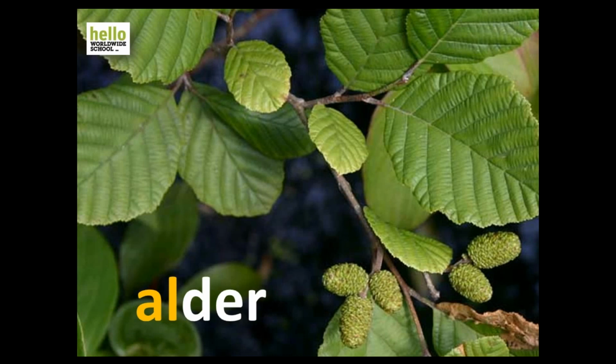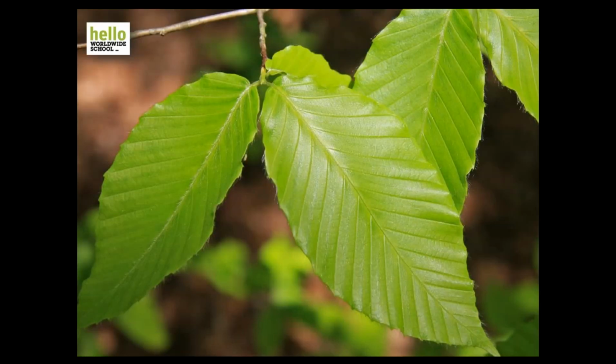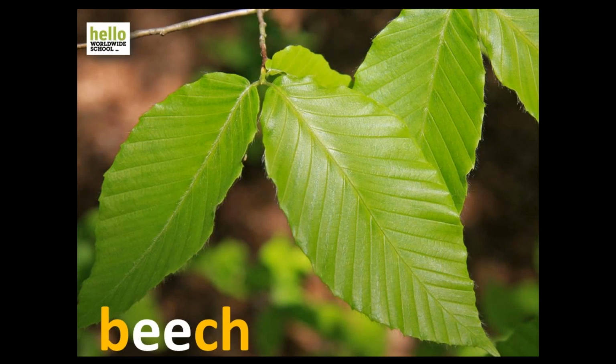Excellent. Alder. Now, this could be difficult, but maybe you recognize the shape of that leaf. In Polish, it's buk. Okay, very good. Václav, Joanna, have you graduated from biology or dendrology? Yes. What about the English name? It's beech.